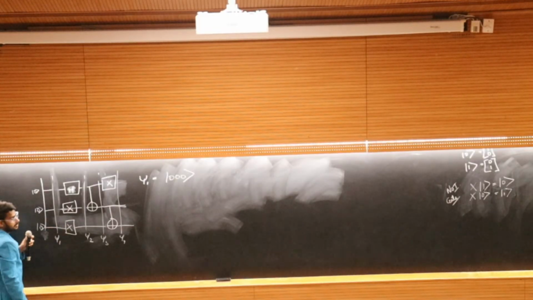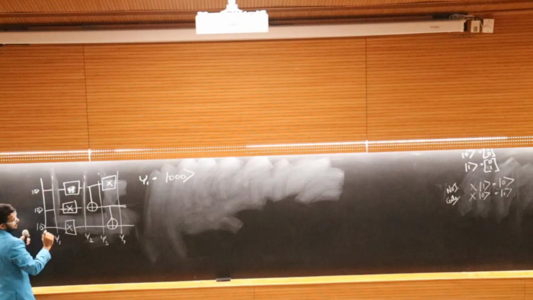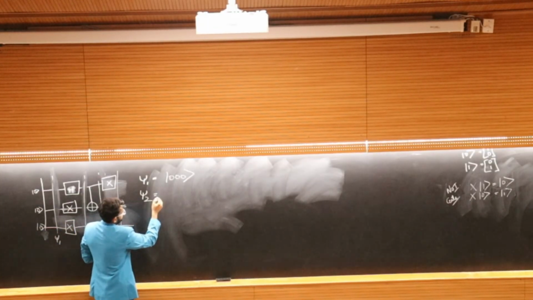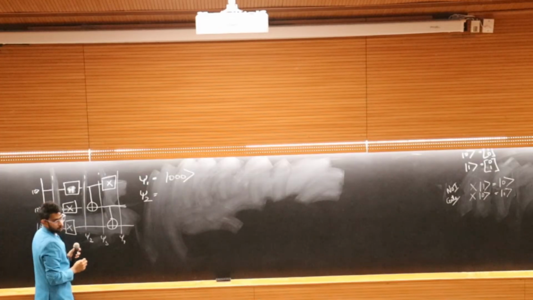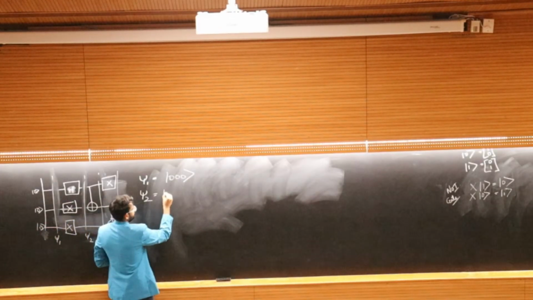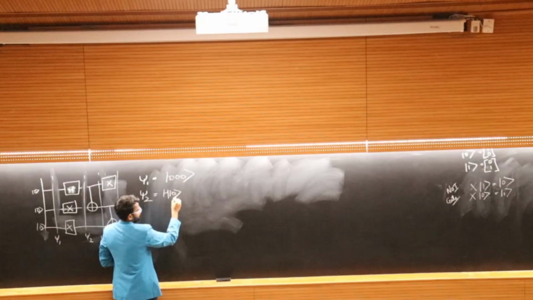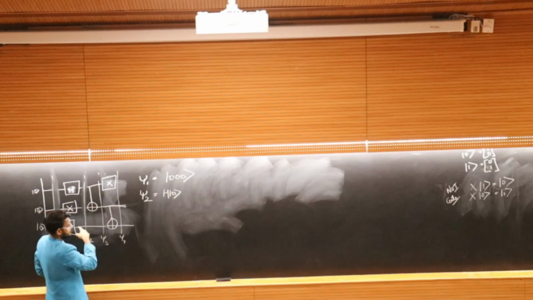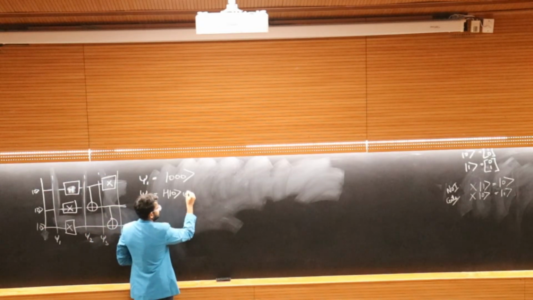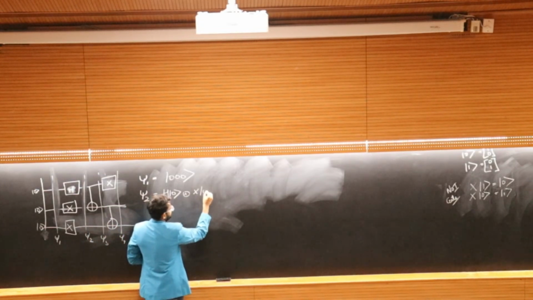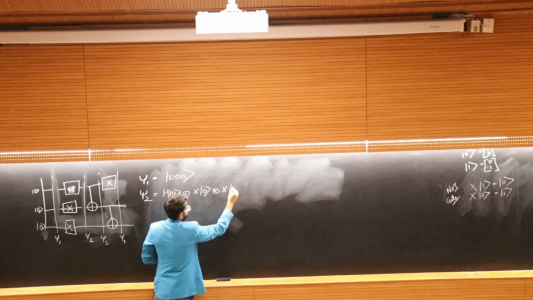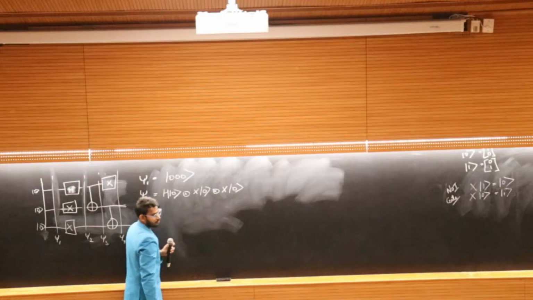First there is a Hadamard gate, which gets applied on the first 0. Then X gates are applied on the second qubit and the third qubit. Right?